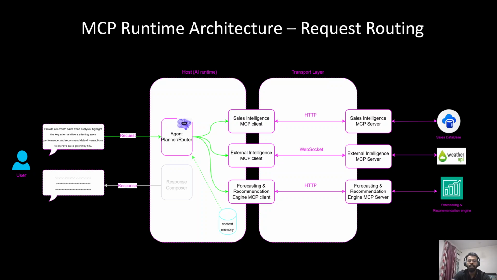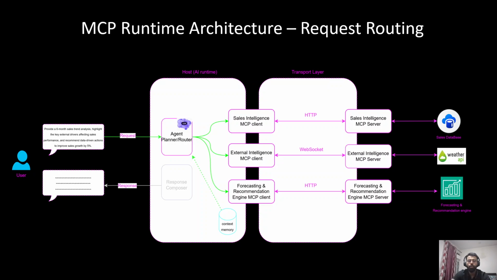These three tasks are then routed to three different tools or agents via their respective transport protocol and MCP client-server connections. In this case, three different MCP servers are invoked to get this information. Number one, to get the sales trend, the sales intelligence MCP server is invoked. To get the external factors like weather data, the external intelligence MCP server is invoked.